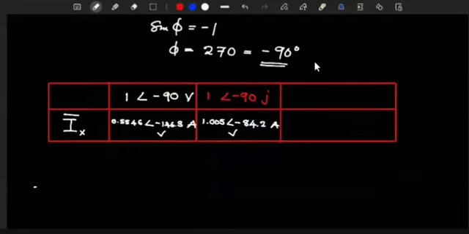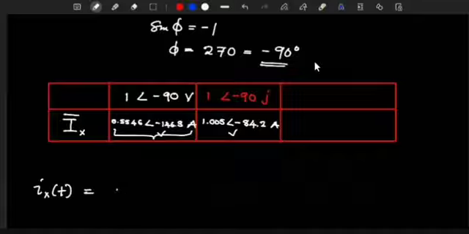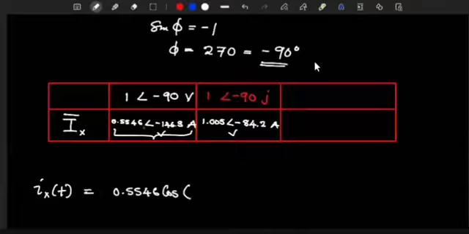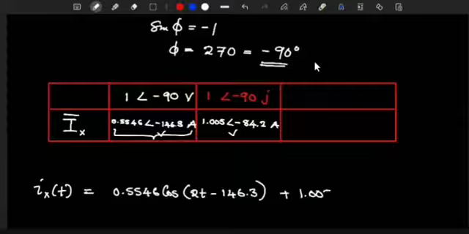So the Ix now in time domain, I'll convert this one to time domain, which is going to be 0.5546 cos. For the first one, remember the angular frequency here was 2. The phase angle, we found 146.3. So we need to add this with the second one there. The peak value is 1.005, then cos.